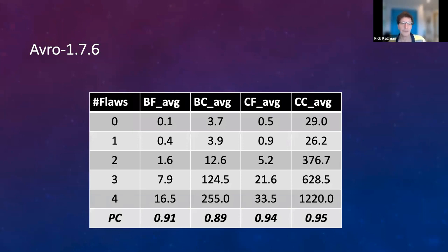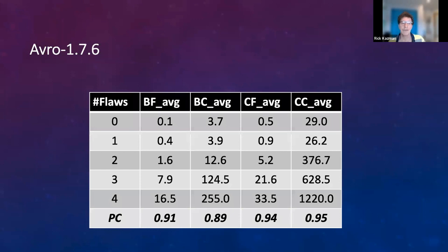So what we see here on the rows is the set of files that had no flaw, the set of files that had one flaw, 2, 3, and 4 flaws. So we simply calculate the flaws and the bugs and changes and churn for every file in each project, and then we group them into sets.